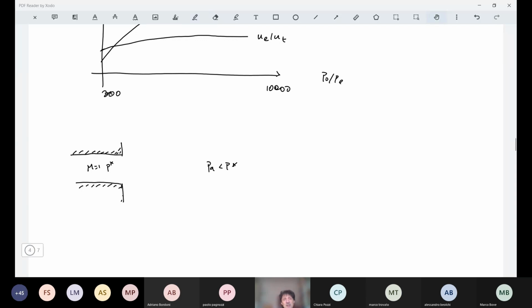What happens here? We have a given pressure, we have a sonic Mach number, and the flow has to expand to reach the ambient pressure. If you go back to your gas dynamic curves, you know that we have a characteristic line, the Mach line, which is perpendicular to the flow direction if the Mach number is equal to 1.